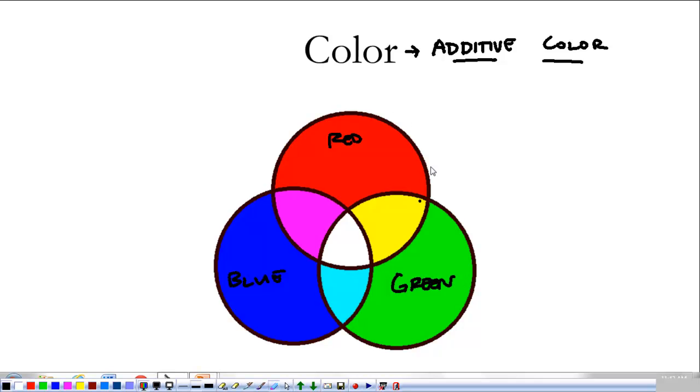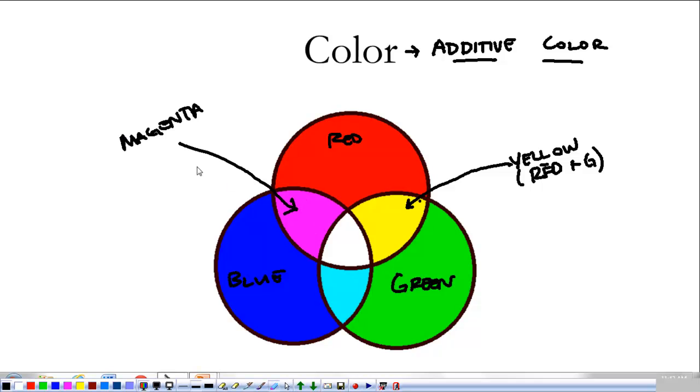So when we combine red and green, we get yellow. Yellow is red plus green. When we combine red and blue, that's what we mix those two.